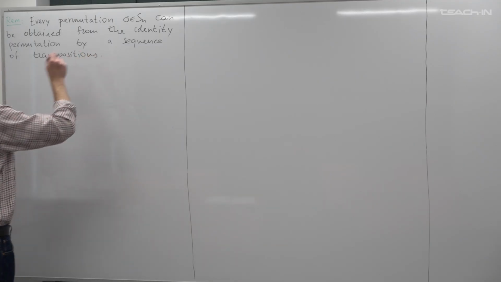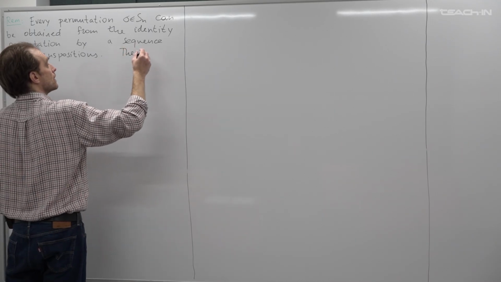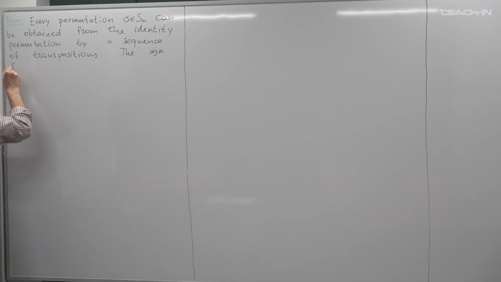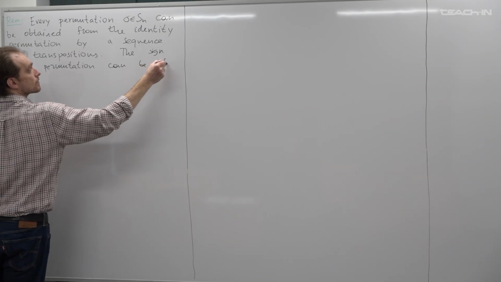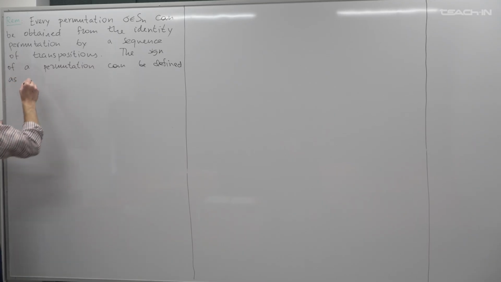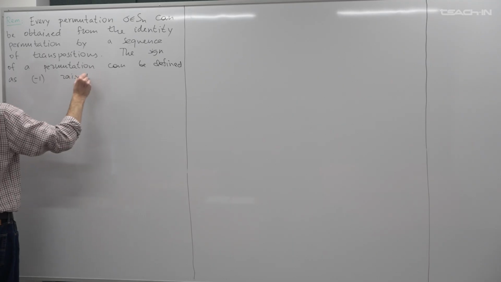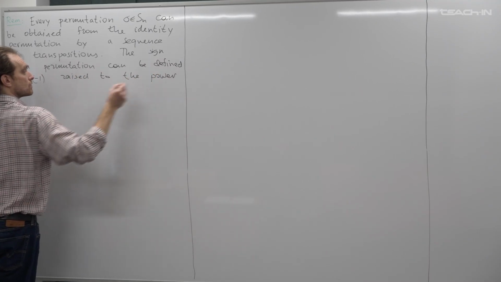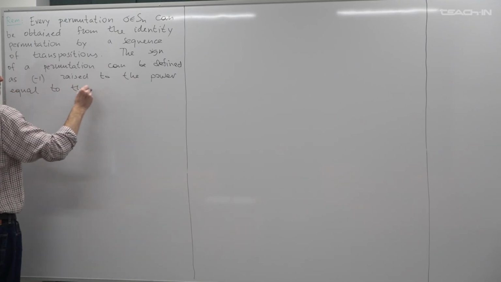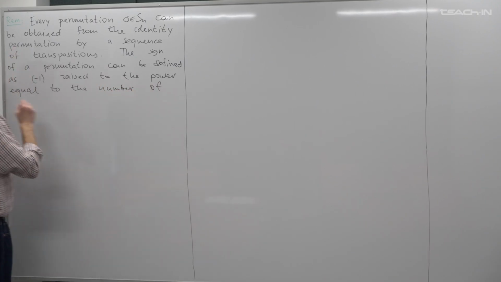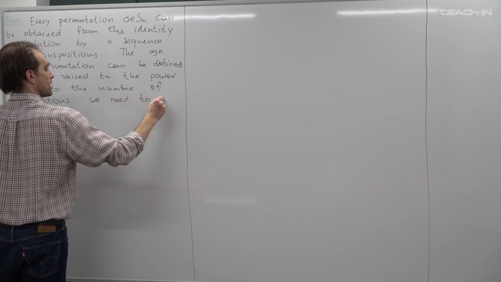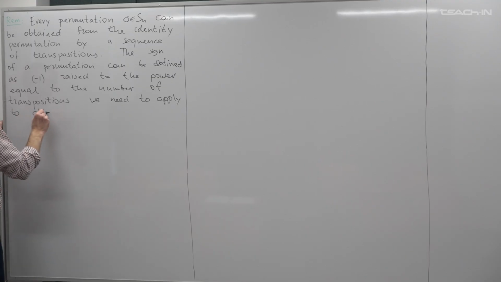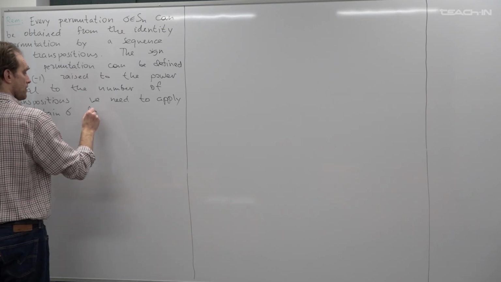But so the sign of a permutation can be defined as -1 raised to the power equal to the number of transpositions we need to apply to get sigma from the identity.